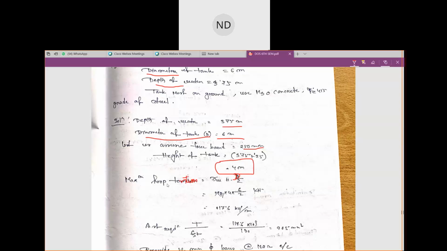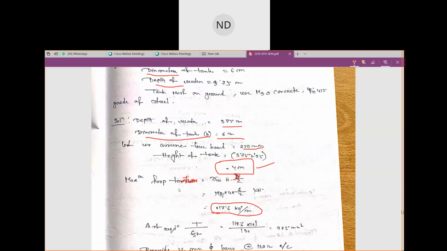The maximum hoop tension occurring here due to water pressure is gamma W into H into D by 2. Gamma W we know is 9.81, and height is 4 meter, D by 2, the diameter divided by 2. So we have got our maximum hoop tension to be 117.6 kilonewton per meter.